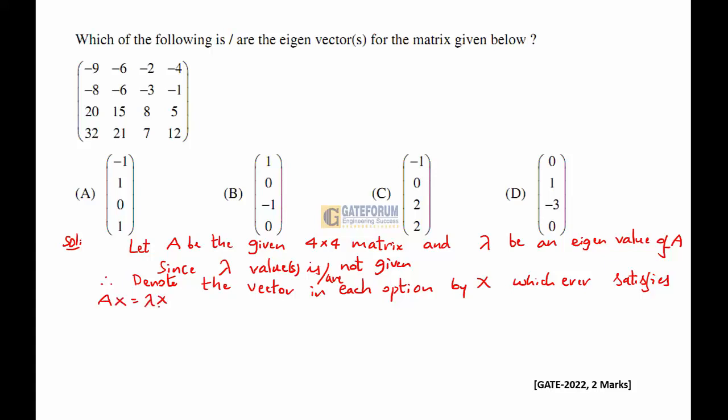This A into x is equal to lambda x is the procedure for finding eigenvectors. That is the required eigenvectors of the matrix A. Let us see option A.